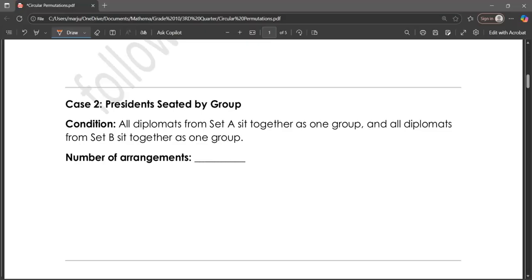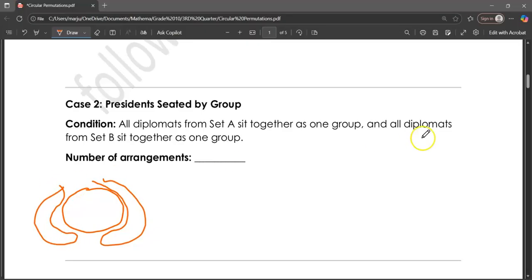Number 2. All diplomats from set A sit together as one group, and all diplomats of set B sit together as one group. So again, if we have our circular table, we will have two groups, right? This is set A and this is set B. So how are we going to answer this question? We are going to treat set A as one block, and set B as one block.